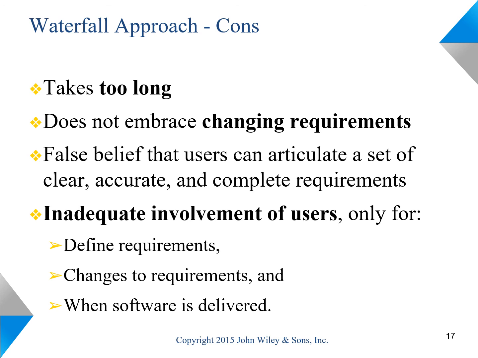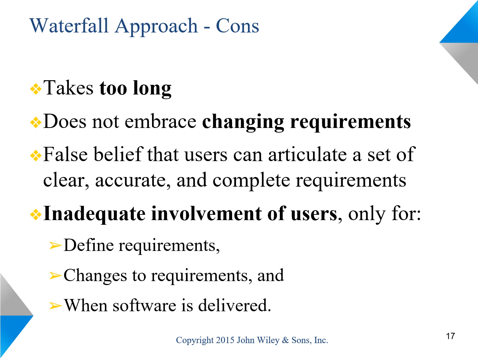Users tend to be involved at three main points during the waterfall project: when they are needed to define the requirements, features, and functionality of the software, when users ask for changes to those requirements, and at the end of the project, when the software is delivered.